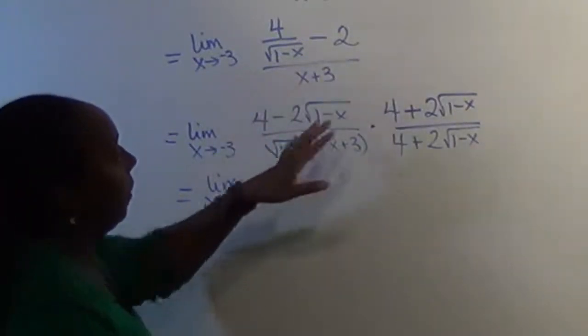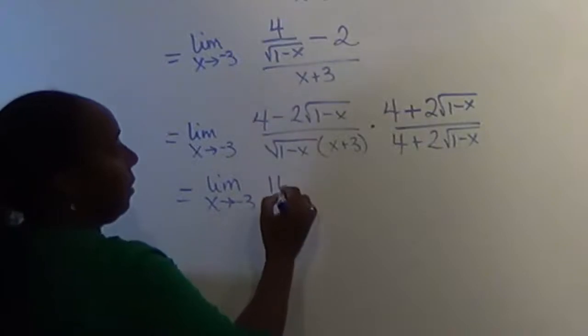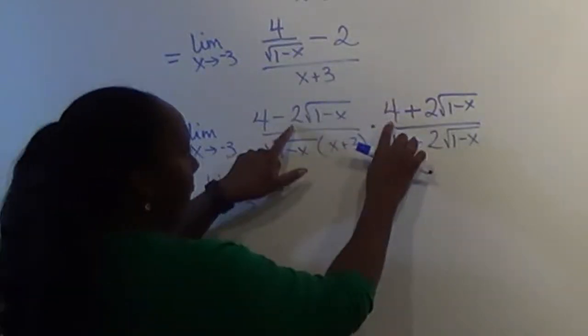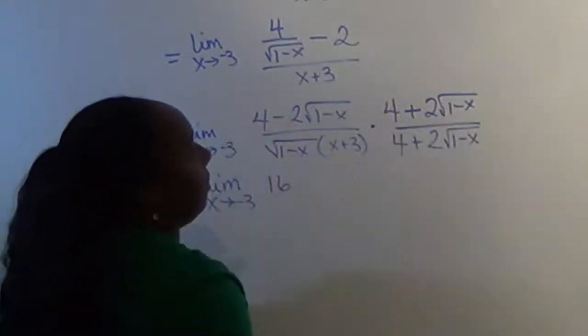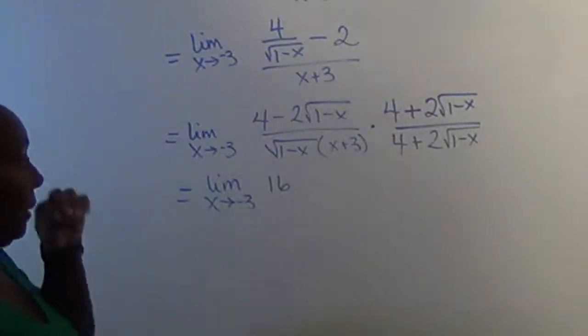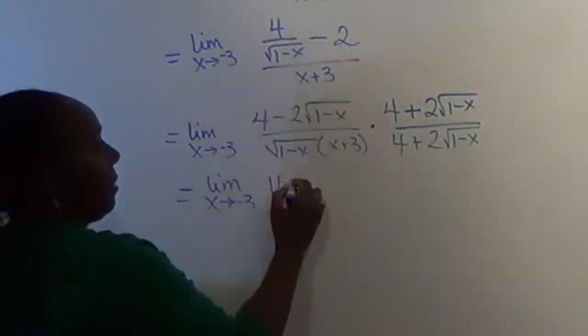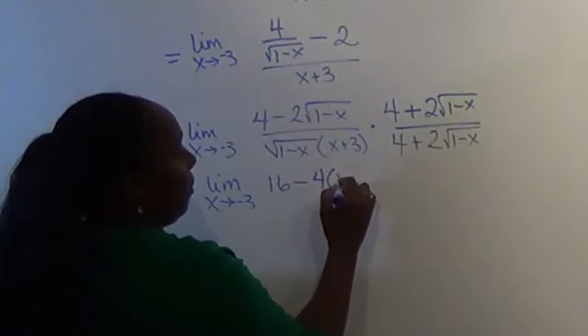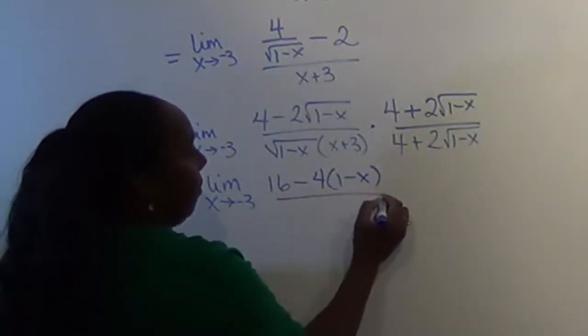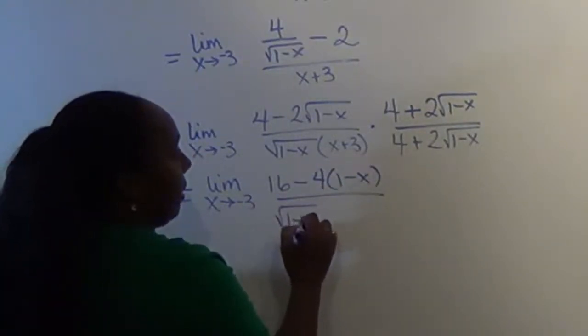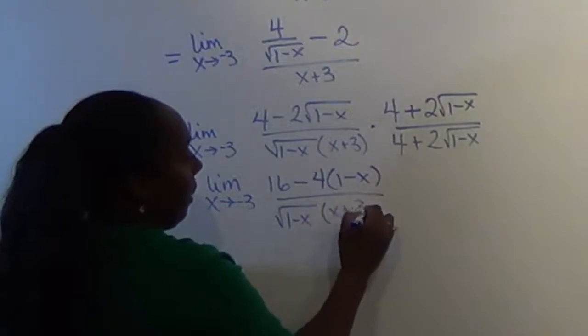Okay, so here when we multiply out, we'll get a 16. We'll get minus an 8 times the root plus an 8 times the root, so those will cancel out. Minus 4 times the 1 minus x over square root 1 minus x, x plus 3. Okay.